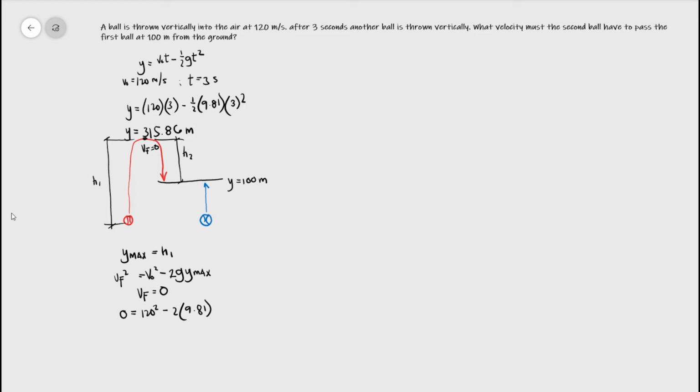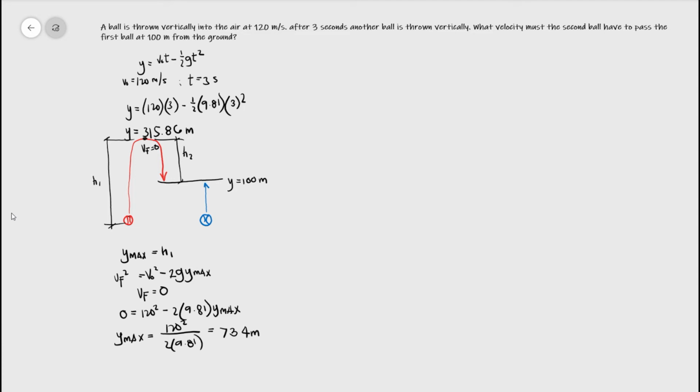Then we are looking for the value of the maximum height. The maximum height is equal to 120 squared all over 2 times 9.81. The maximum height attained by ball 1 is 734 meters.